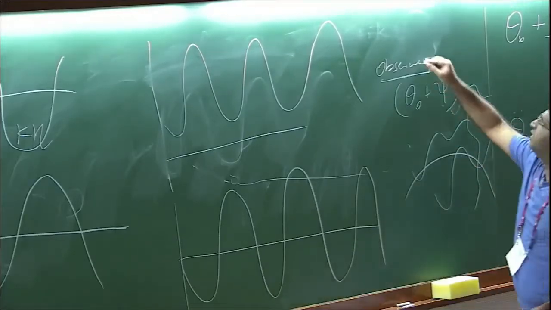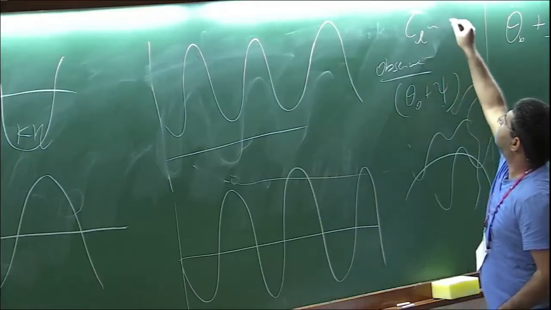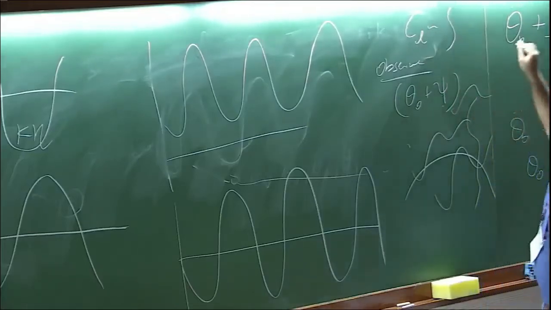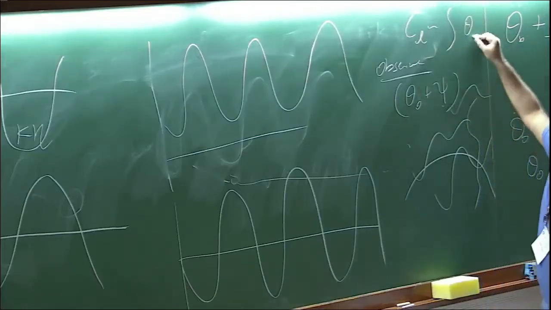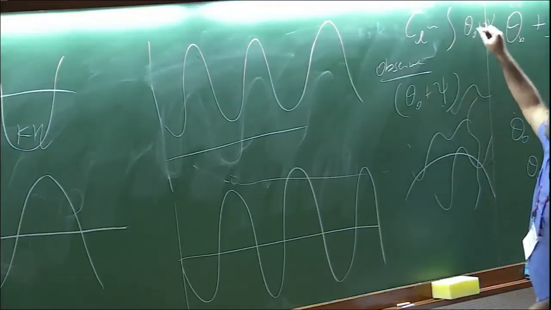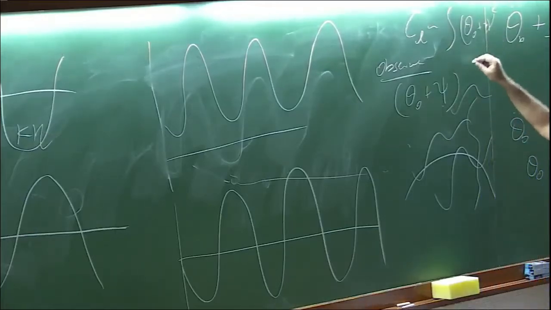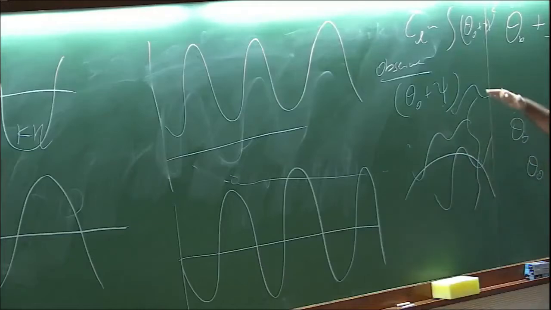I will just give you the answer: the Cls are actually just these transfer functions, in this case theta 0 plus psi squared. And the projection, this three-dimensional to two-dimensional projection, is done with Bessel functions, j_l(kr), where r is the distance from us to the last scattering surface.